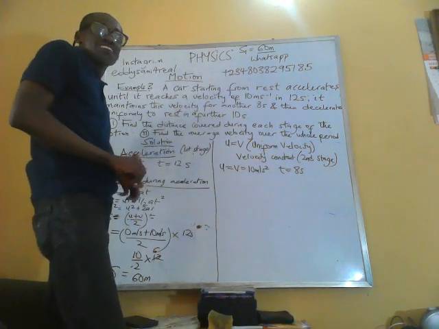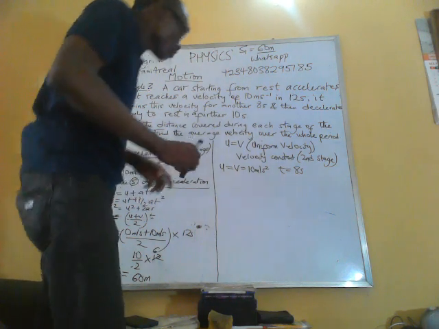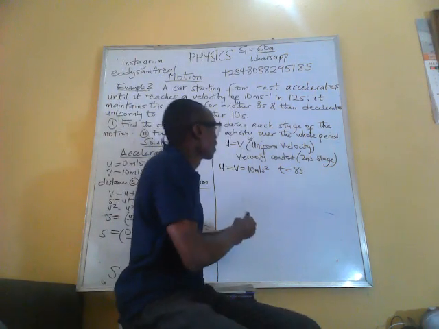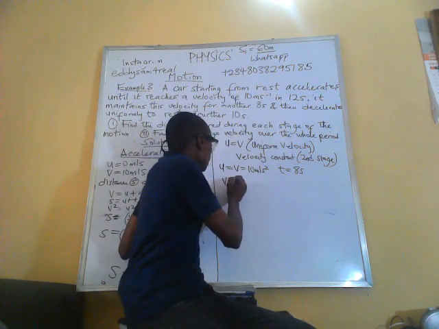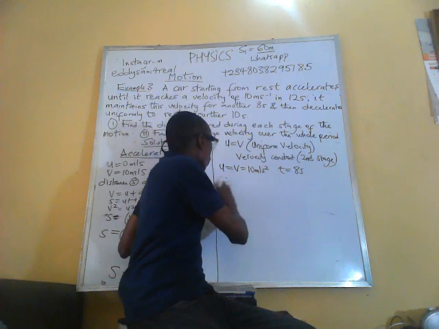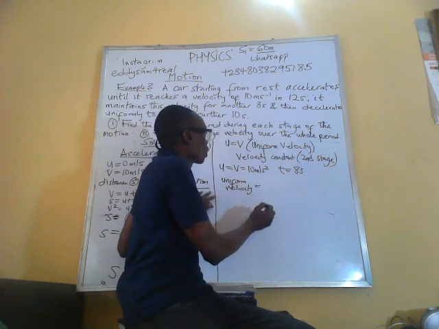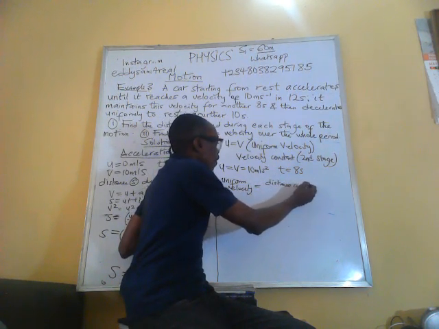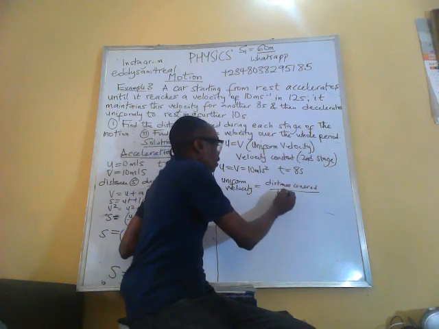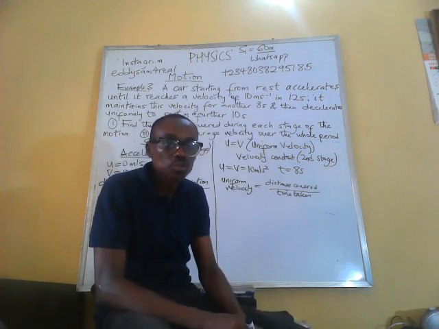So yeah, what is the distance covered here? Distance covered here is going to be, at this point, uniform velocity is equals to distance covered all over time taken during that part of the motion.